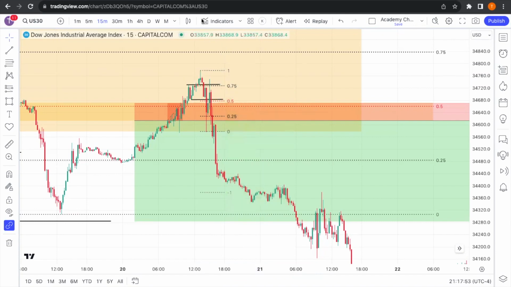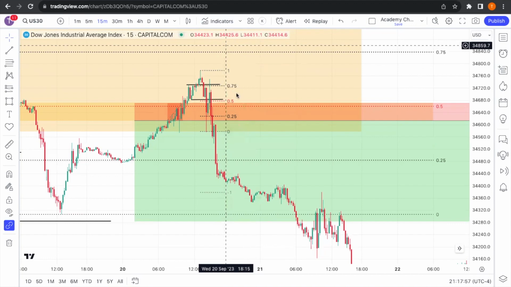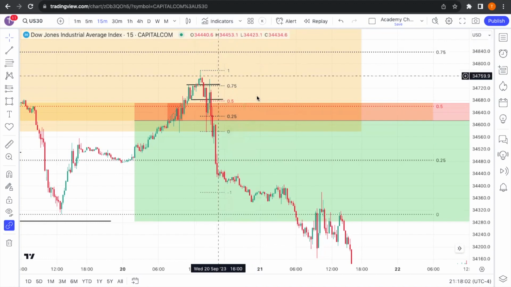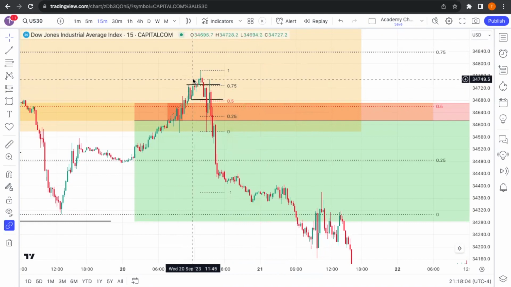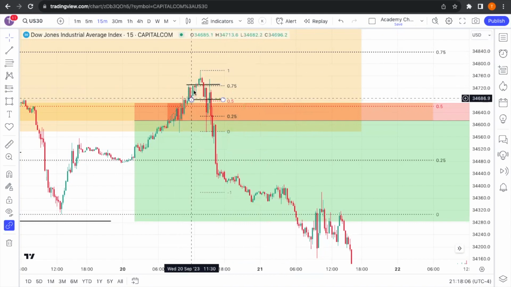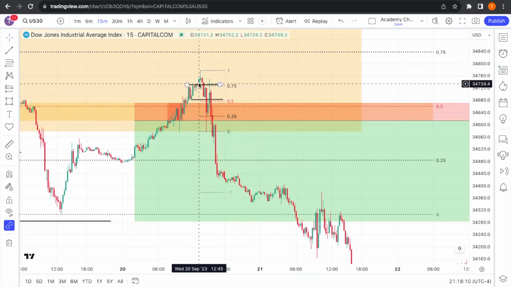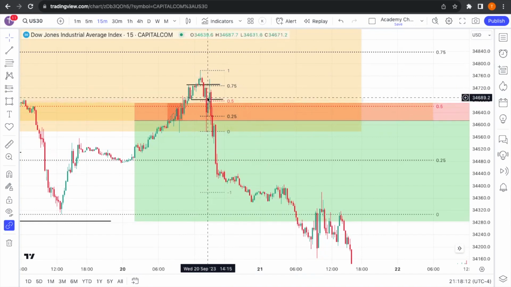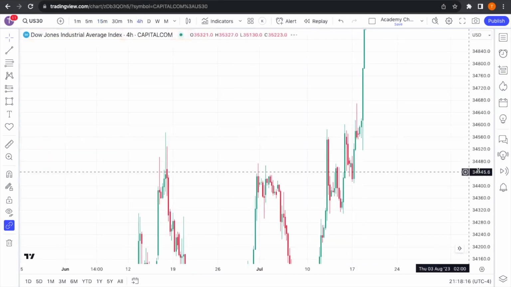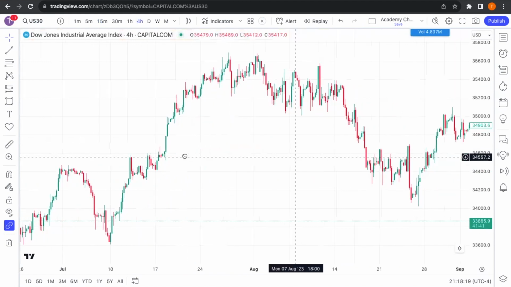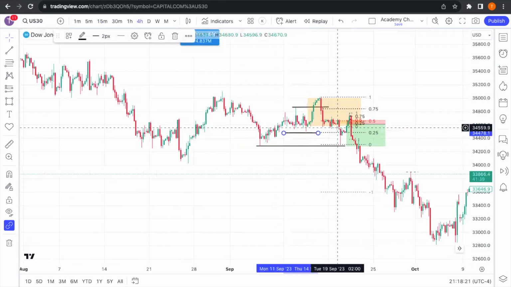But that is really how you break it down to get those good entries. So when you can combine the three, a breaker with an order block that has high probability because it was in a fair value gap, you can really start getting some good trades behind that.